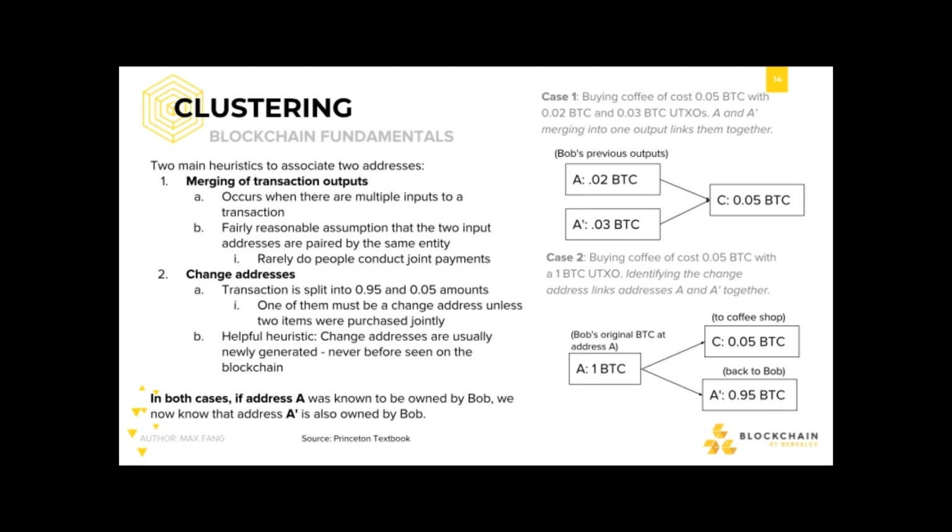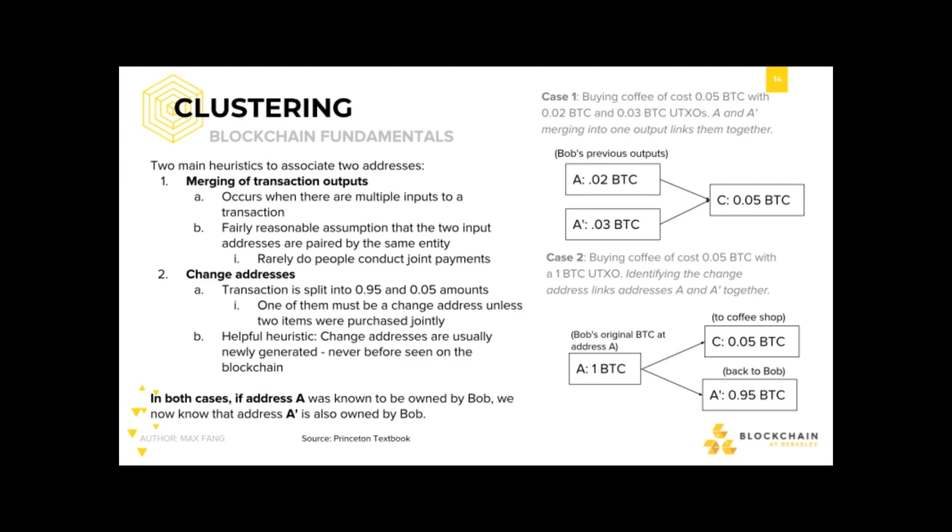A fair assumption you can make is, if you see multiple inputs and one output, it's highly likely that all those inputs are from the same person. So if Alice decides to buy this coffee with 0.05 Bitcoin, and she sends inputs from two addresses, A and A dash, you can link them together and say they might both be Alice's identity.